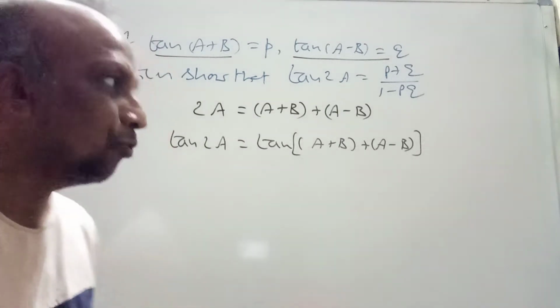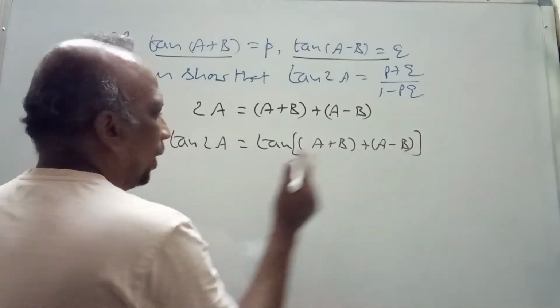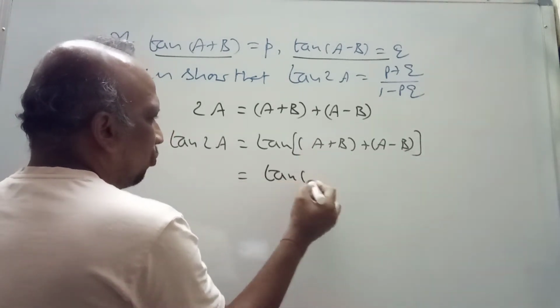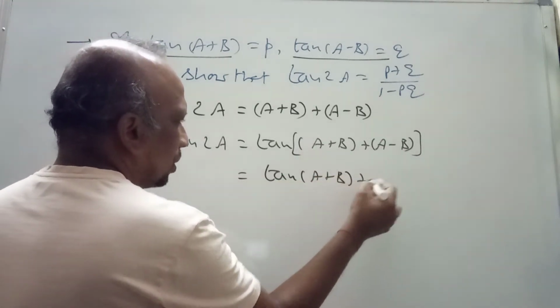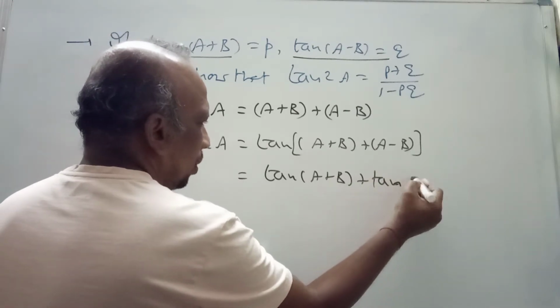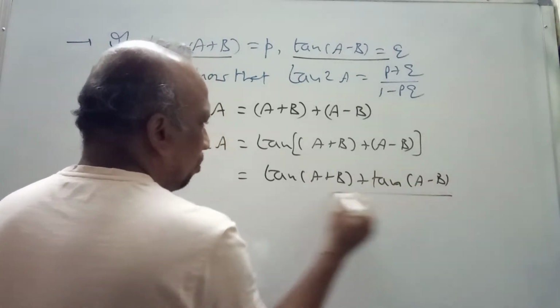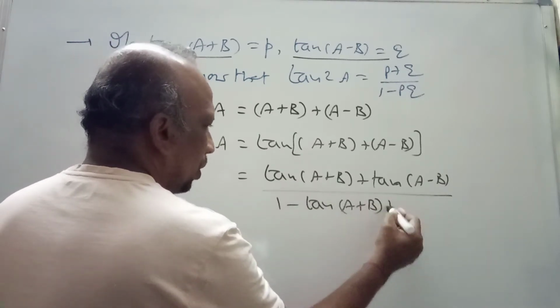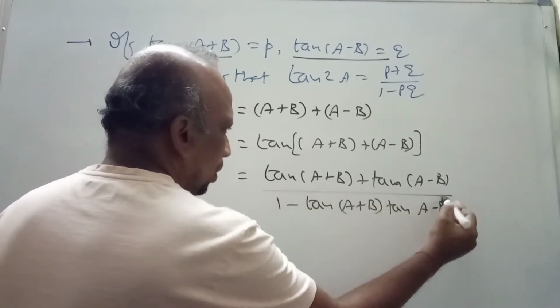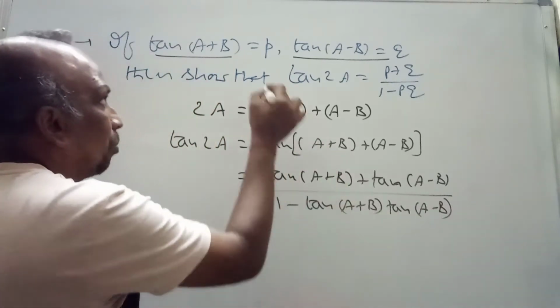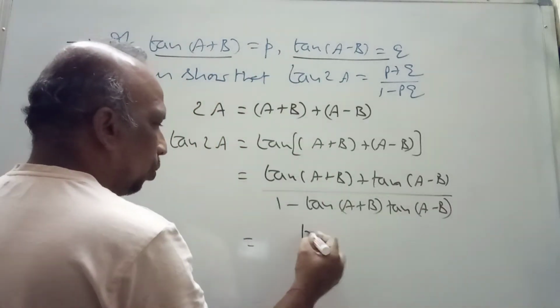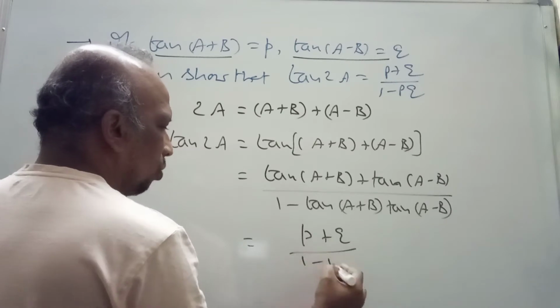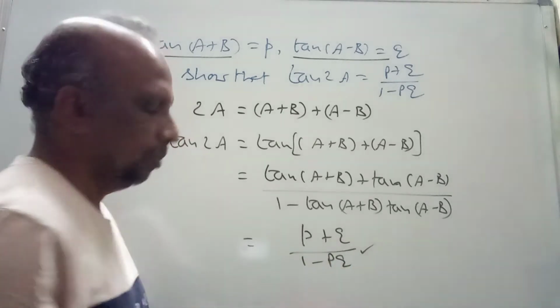If we consider that formula for tan of x plus y, we can write tan of a plus b plus tan of a minus b by 1 minus tan of a plus b into tan of a minus b. So I can replace tan of a plus b, p is given, so p plus q by 1 minus pq.